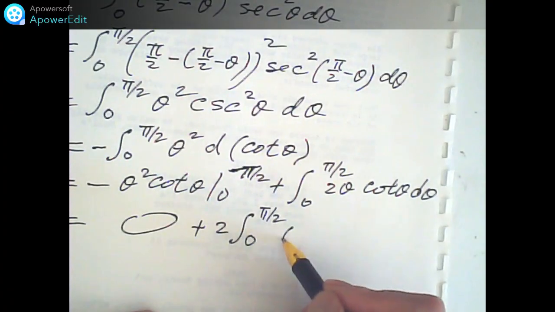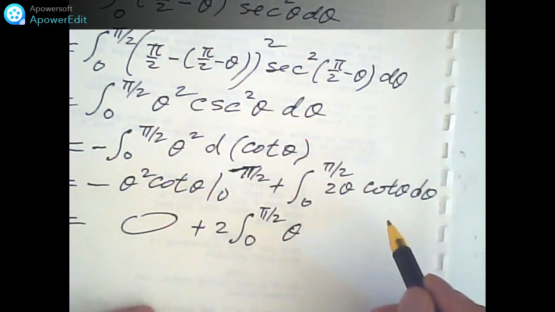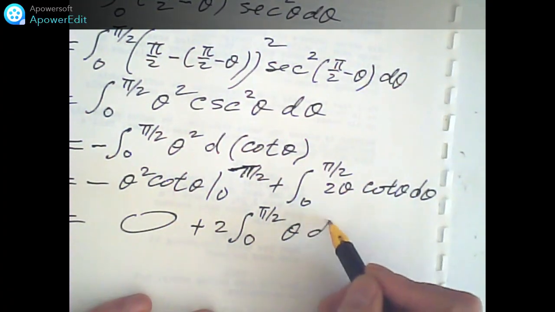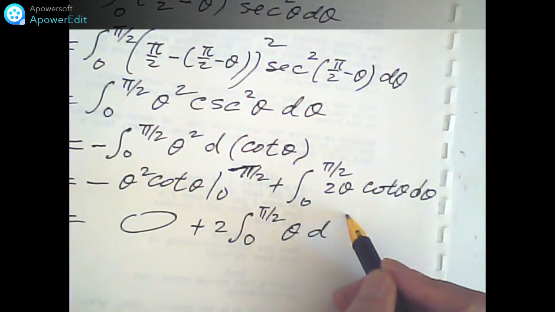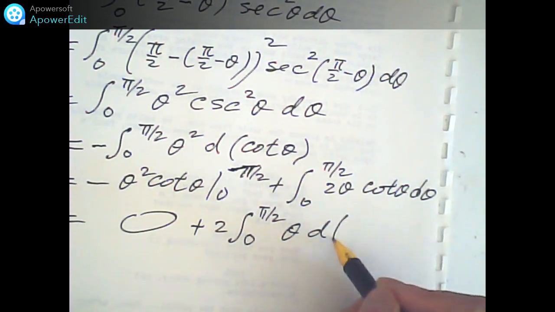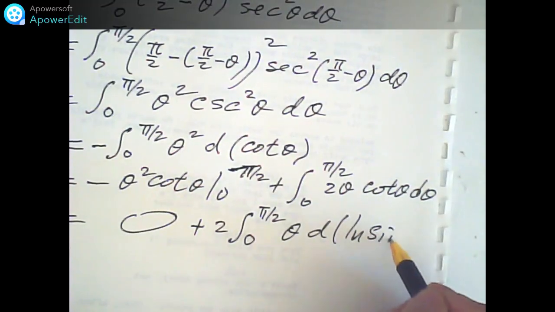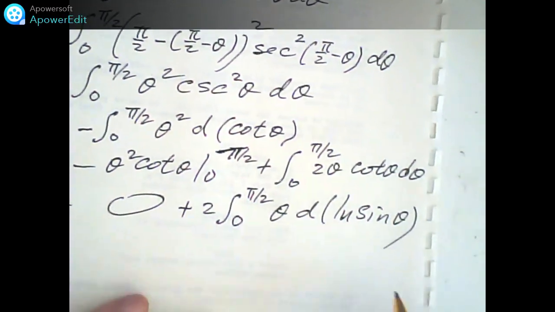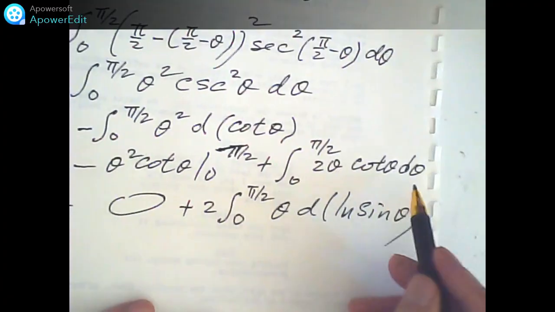And here I want to create a condition for by parts. This is d log sine. Yeah, d log sine is equal to cotangent theta d theta.